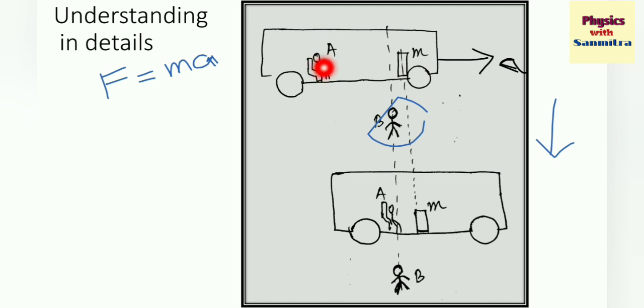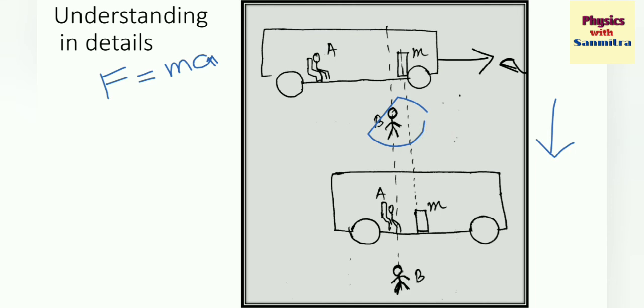This bus is moving forward, so person A or observer A is also moving towards the block. Now let's look at the second picture here. In the second picture, this block is stationary with respect to observer B. Now this person is moving towards this block of mass m. He is moving towards this block of mass m. And see here.